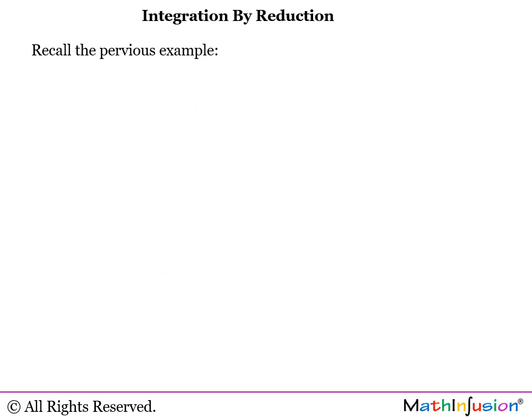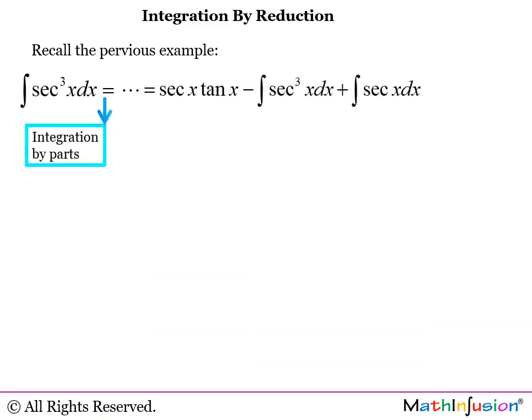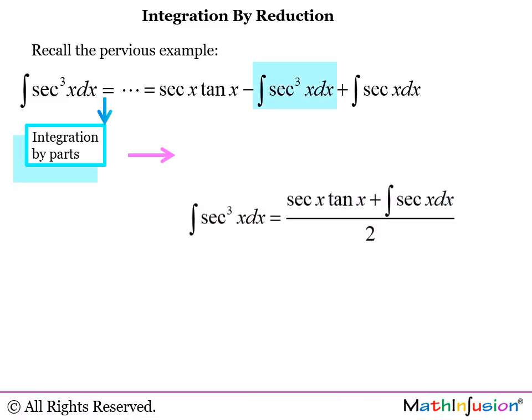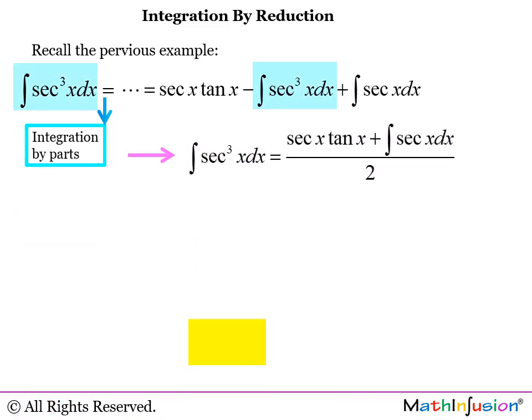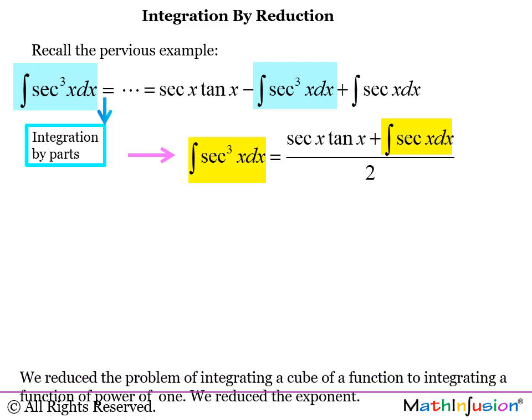Recall the previous example. We started with secant to the power of 3 of x, integration by parts, etc., and I end up with that. So even if I didn't finish everything, I suspect that there is a reduction of 2 in the exponent each step.